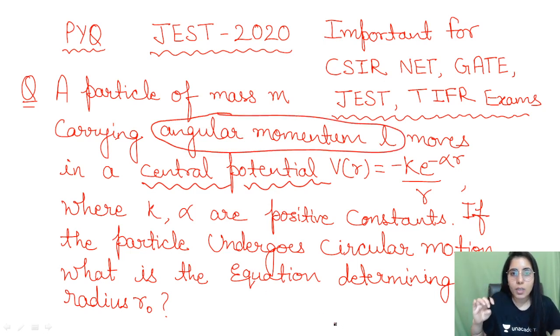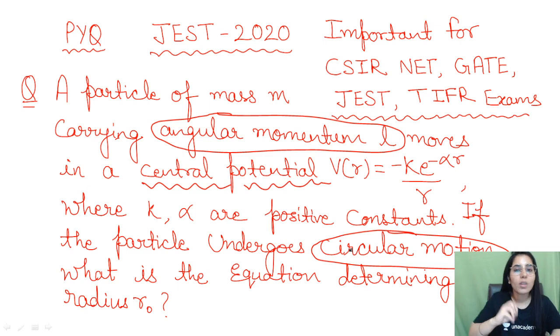So whenever in your question they talk about the circular motion, or the central potential or angular momentum, all the things which I have just encircled, this one here, this one here, or even the central potential part, you can consider. So if in your question you have these terms mentioned, mainly angular momentum and circular motion, you will always consider the effective potential to solve that question, and you will not consider the given potential in that case.